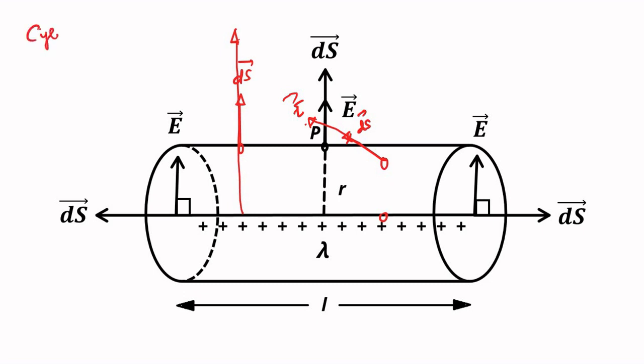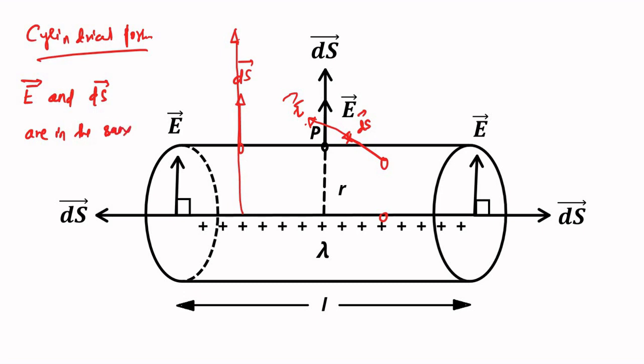So for the cylindrical portion, the E vector, that is the electric field vector, and the surface area vector are in the same direction.